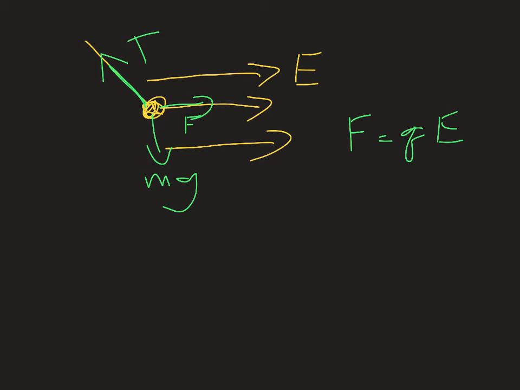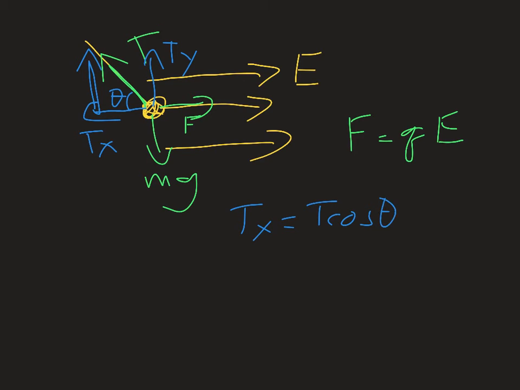We would know that the tension would have an x component, Tx, and a y component, Ty. And I could, of course, draw Ty to make a triangle with an angle theta like that. And we know that Tx is T cosine of theta, and Ty is equal to T sine of theta.